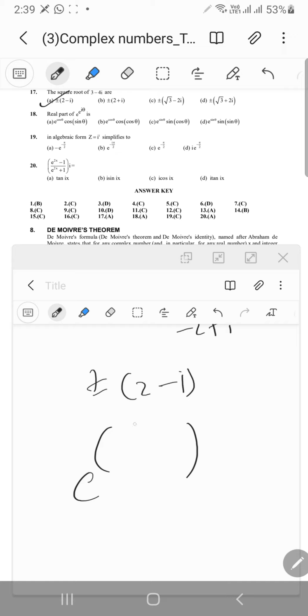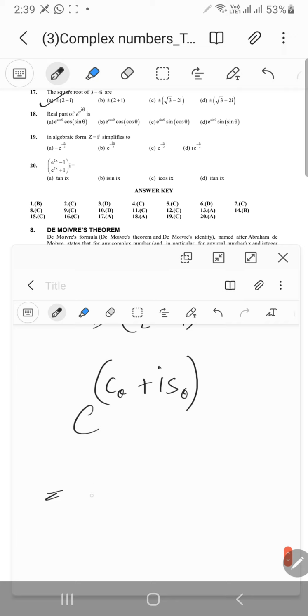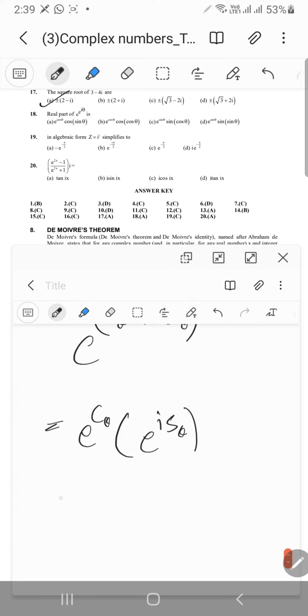So e power I theta is just cosine theta plus I sine theta. So just e power cosine theta times e power I sine theta. It's gonna get ugly. So e power cosine theta times, this thing can be written as cosine of sine theta plus I sine of sine theta.